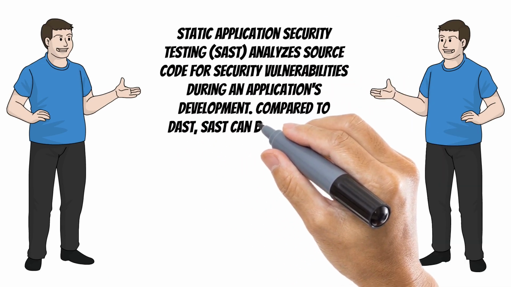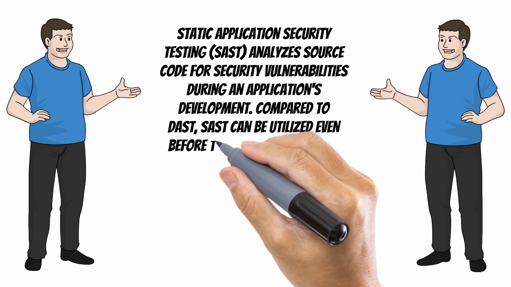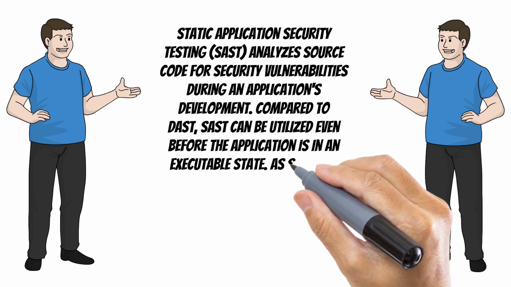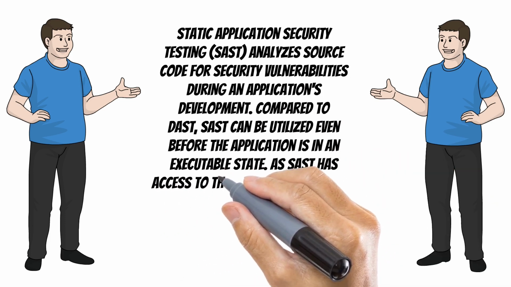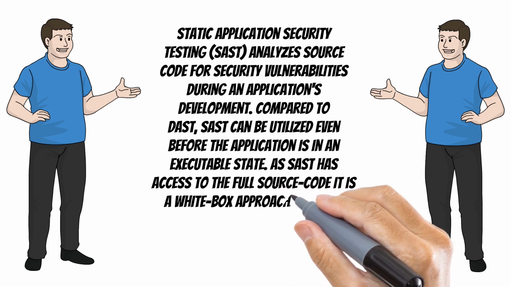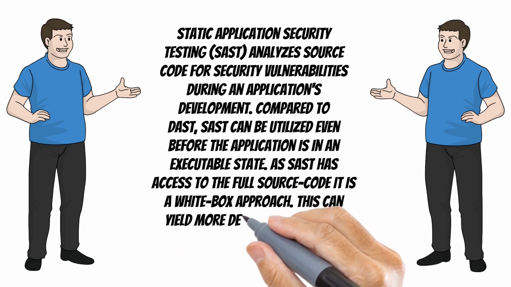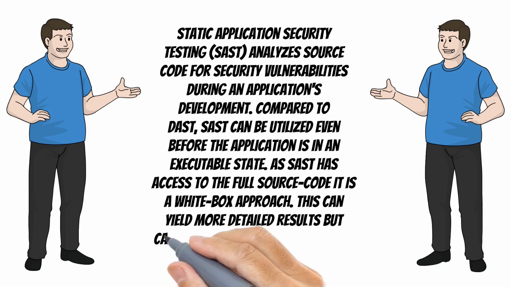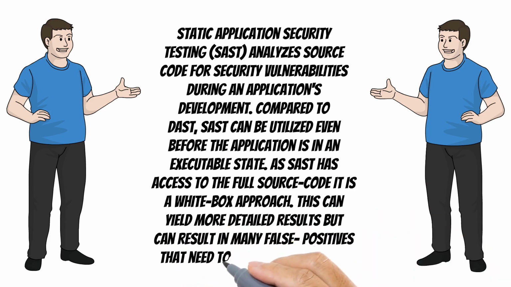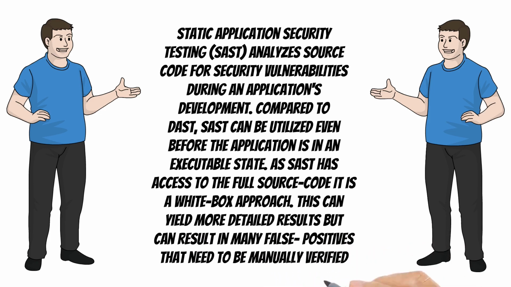Compared to DAST, SAST can be utilized even before the application is in an executable state. As SAST has access to the full source code, it is a white box approach. This can yield more detailed results, but can result in many false positives that need to be manually verified.